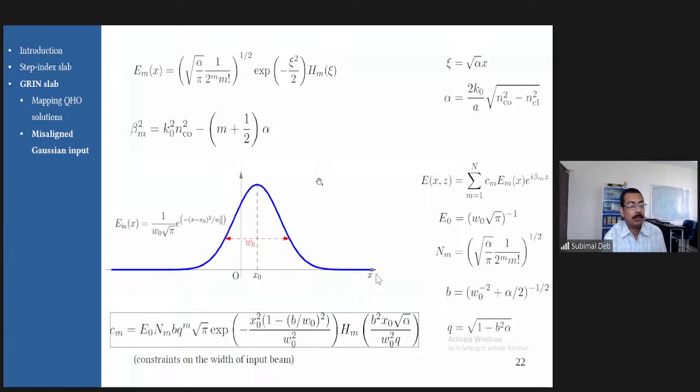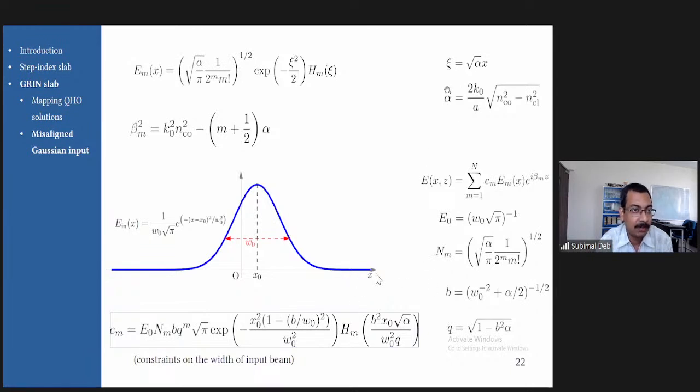And if we calculate the overlap integral of this input with the modes, we arrive at this expression for the coupling coefficients. But this coupling coefficient is written in terms of these scaled space variables, the numerical aperture, and the fundamental mode width.